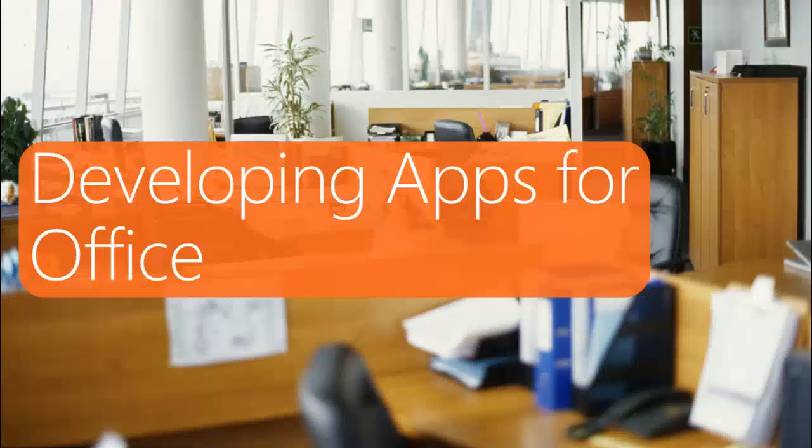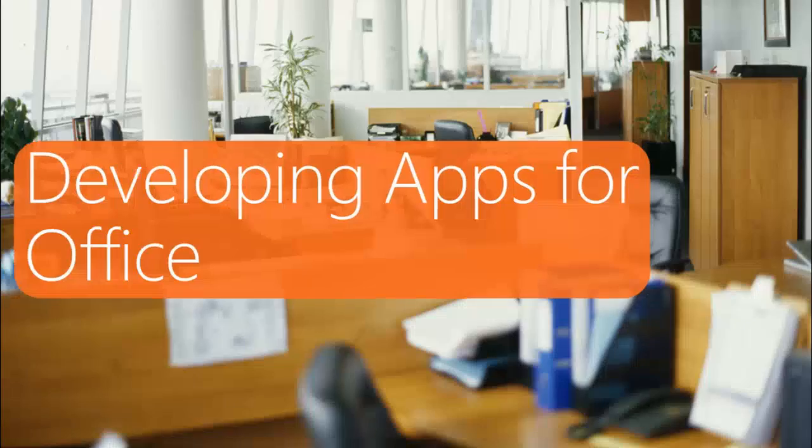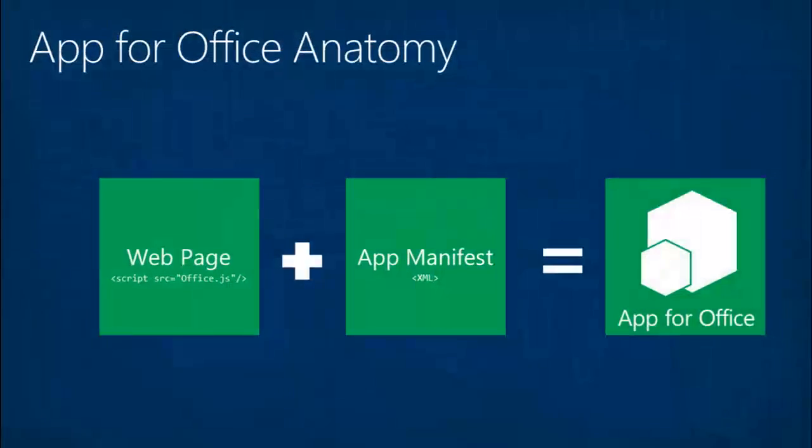All right, let's develop some apps for Office. Okay, let's talk a little bit about how all this great stuff we talked about with SharePoint actually applies to the app model for Office as well. And the things that you've actually seen here really aren't any different at all for doing it with Office. So what you can do is create your own app for Office. And because with the app for Office the HTML and JavaScript is not actually part of a SharePoint hosted app, it's not actually running within Office.